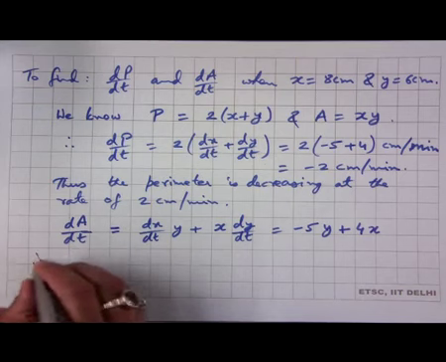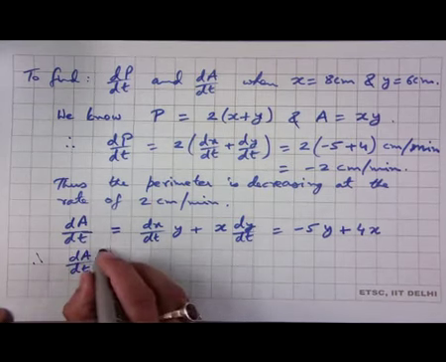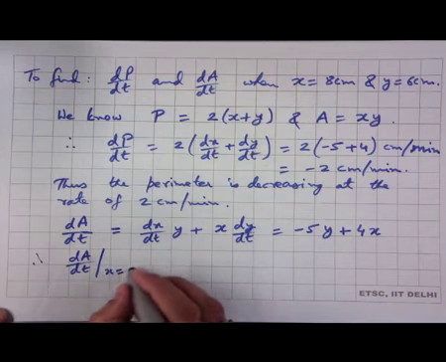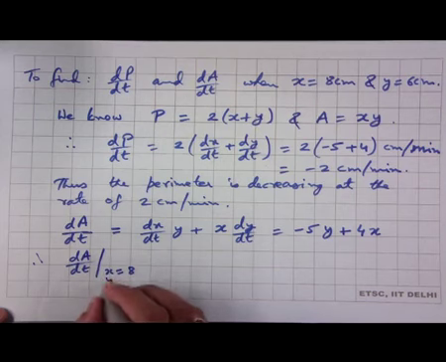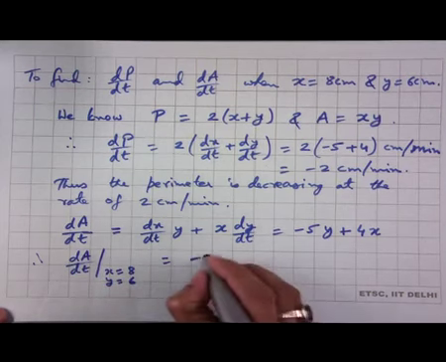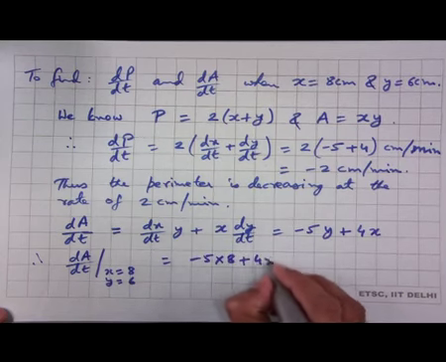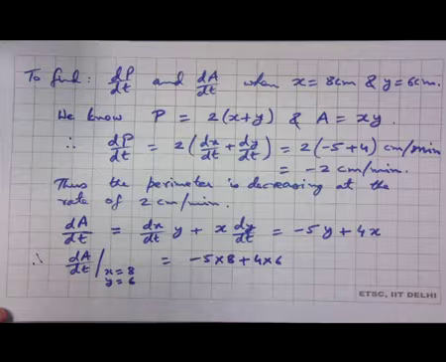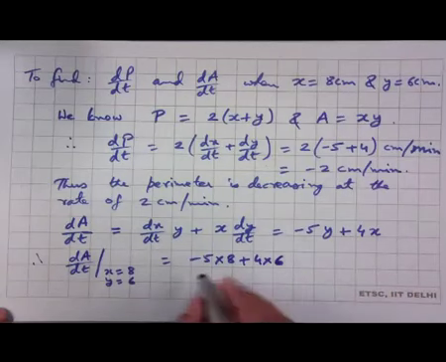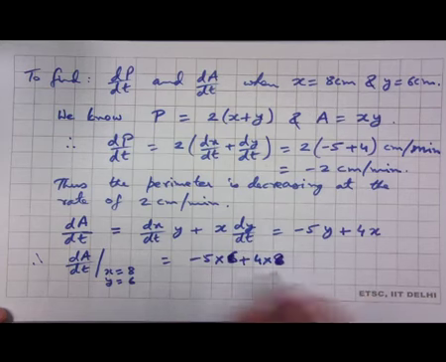So, therefore, the rate at which area is changing when x is equal to 8 and y is equal to 6, this gives minus 5 times 6 plus 4 times 8.